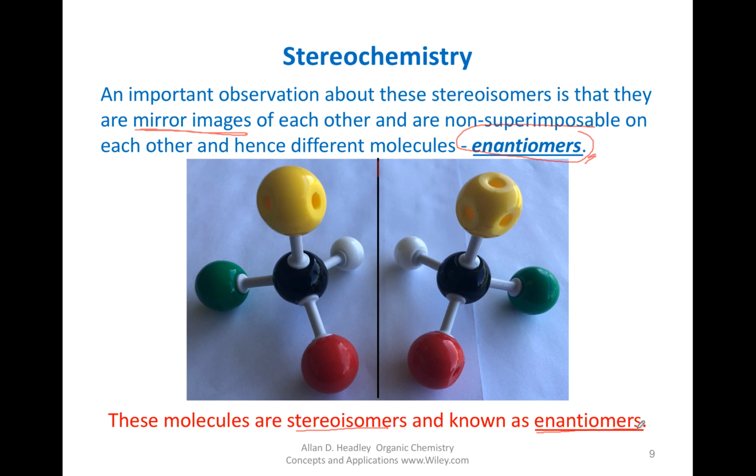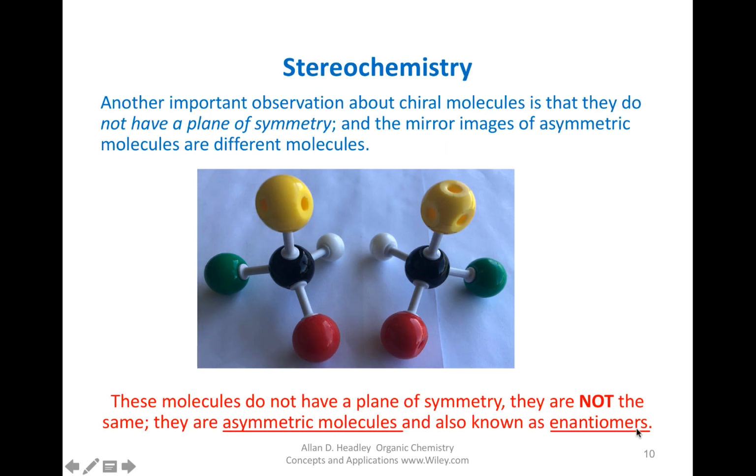So now we're going to try to apply that concept using the dashed wedge, etc. So let's see how we can do that. Before we do that anyhow, let's look again at another aspect here, and that is another observation: this molecule here does not have a plane of symmetry.